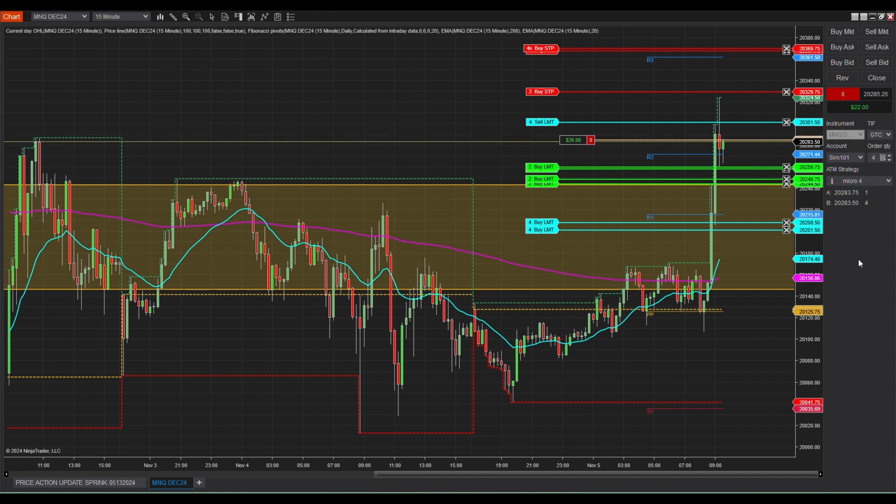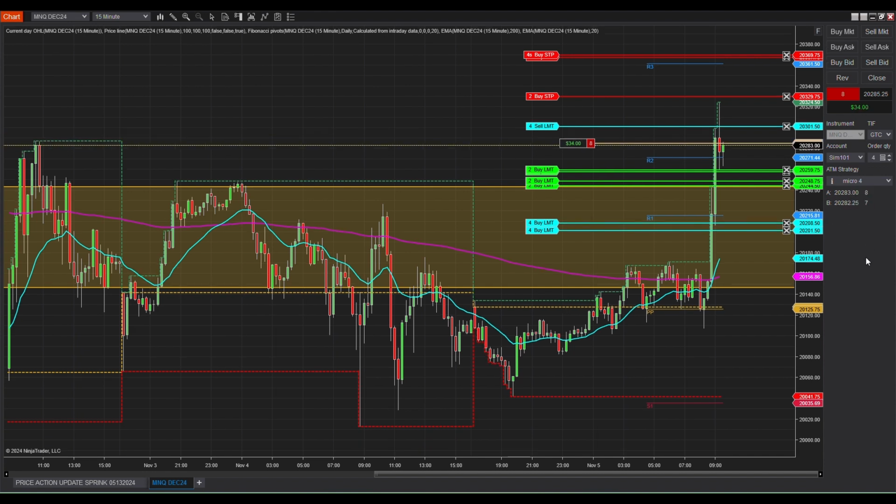Just going to manage this and let it do its thing. If it comes up here and gets us into another trade, go into the downside.